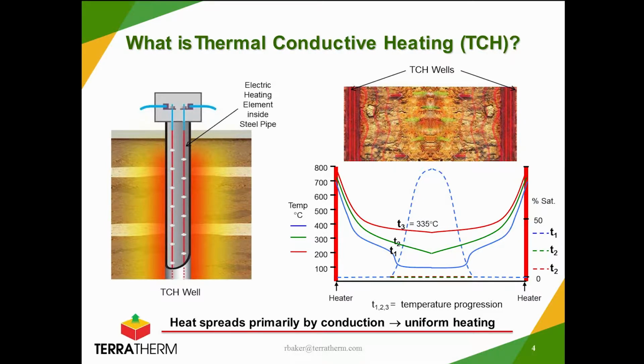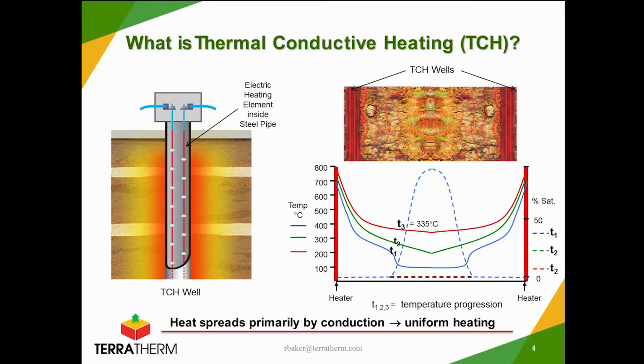But soon we rise up to the boiling point of water right here, and we sit there until the water boils off, during which time there's quite a bit of steam stripping of the volatile organics. And then after we drive off the steam, we're able to get up to higher temperatures than the boiling point of water until we reach the target temperature, in this case 335 C for dioxins, in the coolest locations in between the heaters.